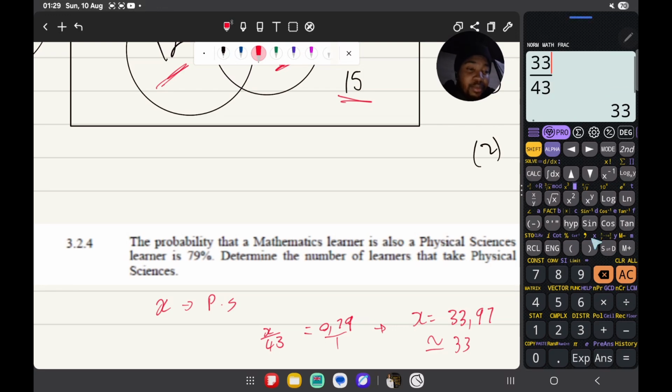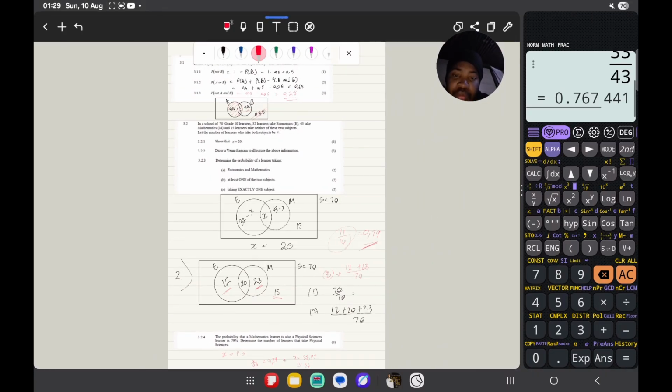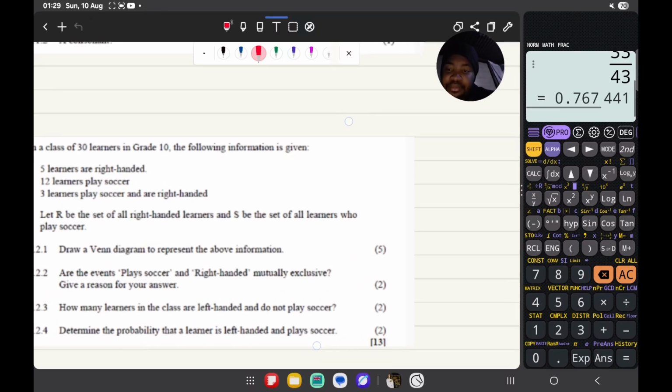Let me see, what about 34? It seems that 34 is the one that gives us 79%. So let's go with 34. 33 gives us 76, not 79. At least here there's a clue. Cool, let's see what we have next.